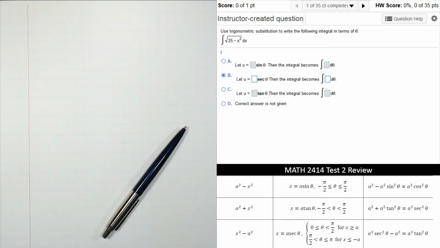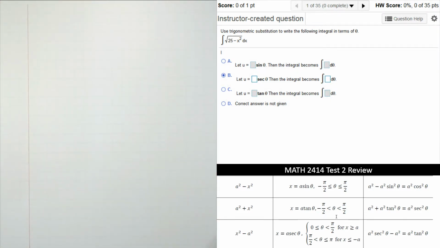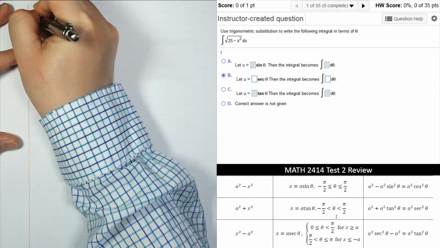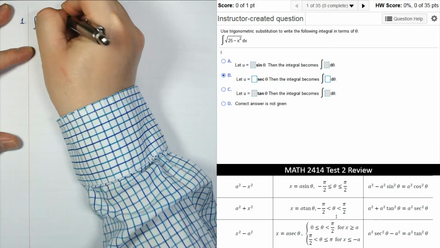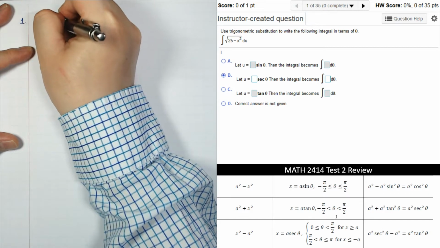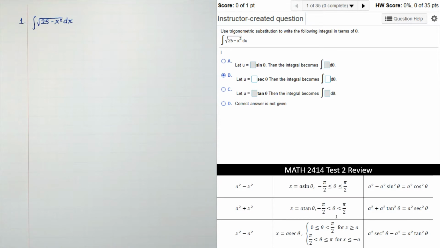So the first question, or first few questions, deal with trig substitution, and the trig substitution is over here at the bottom right hand corner. Right. So first problem, we have the integral of the square root of (25 minus x squared) dx, and we will rewrite this in terms of theta.